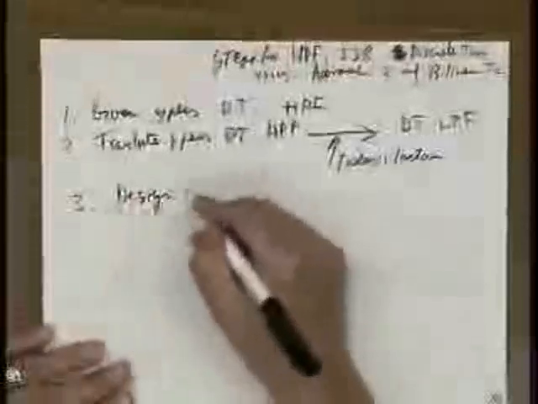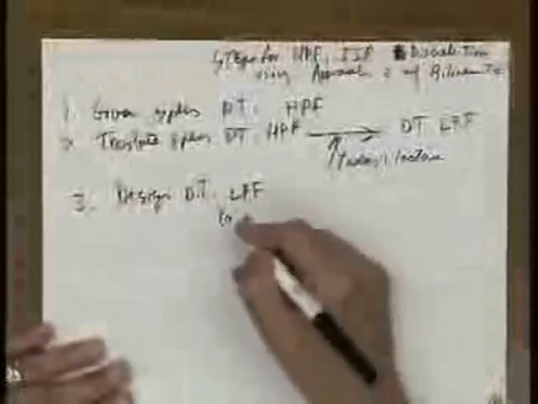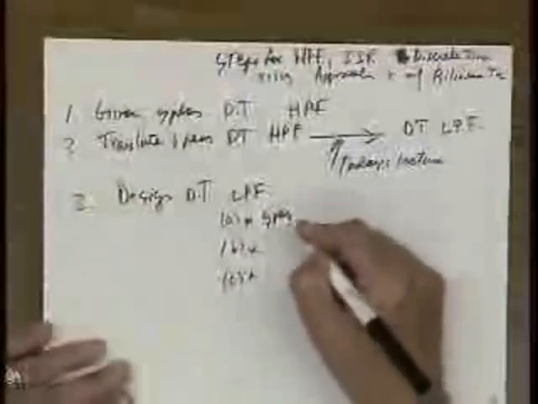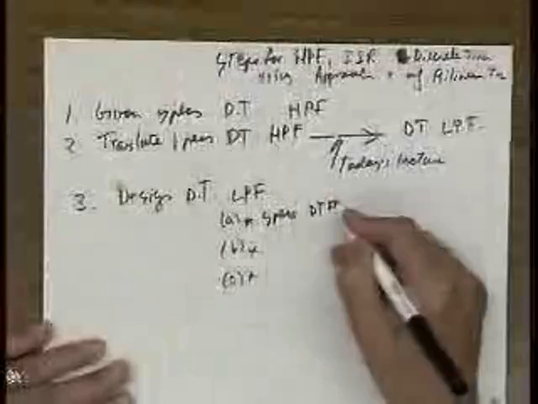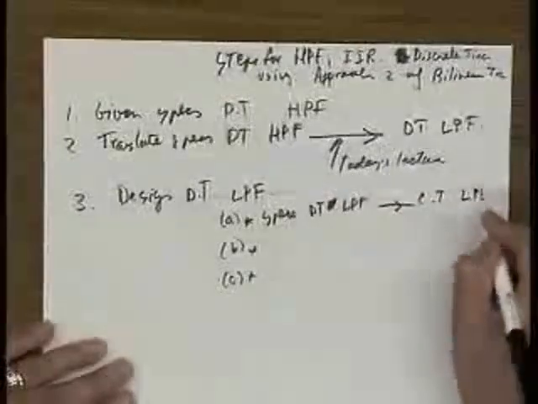And then step 3, now we have specs for the discrete time low pass filter. Design the discrete time low pass filter. But that we already talked about in the last lecture, and it already comprised 3 steps, A, B, and C. What were the steps? One is translate the specs of the discrete time low pass filter onto a continuous time low pass filter.